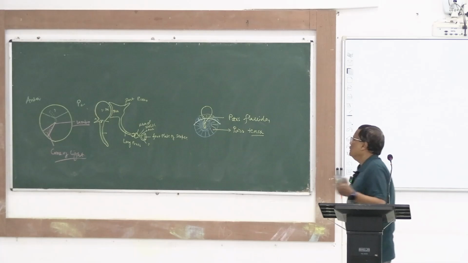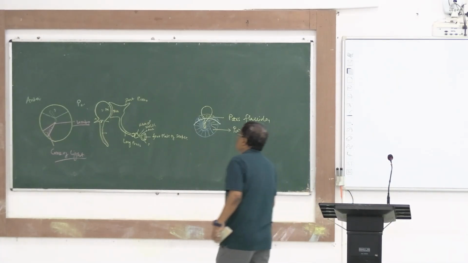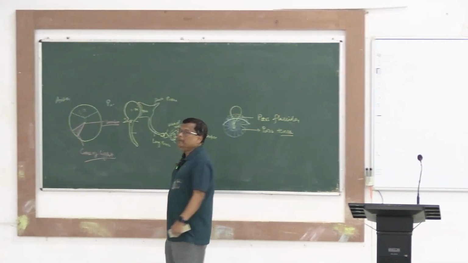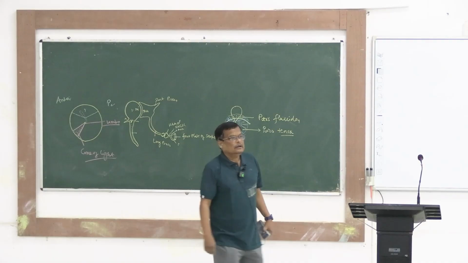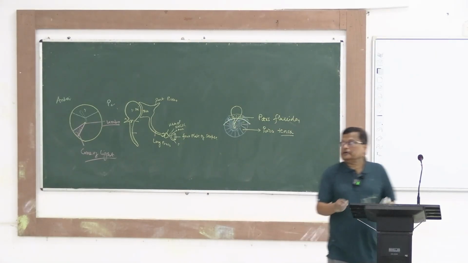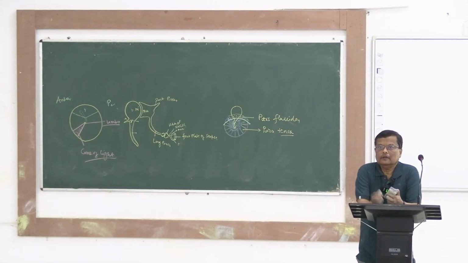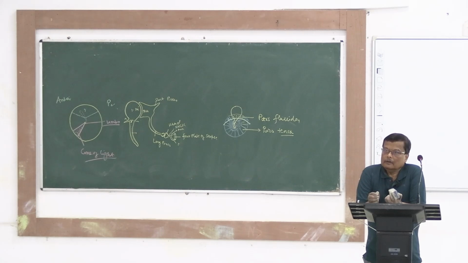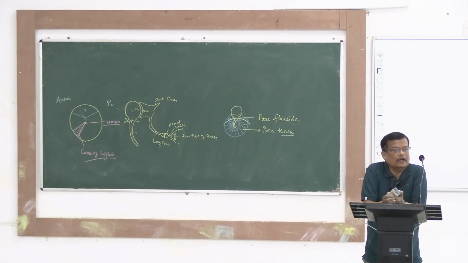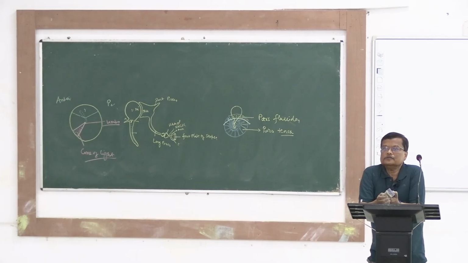Next, what I said before, now apply it: there may be perforation of the tympanic membrane. Suppose medial to the tympanic membrane there is the middle ear. It is notorious for infection.